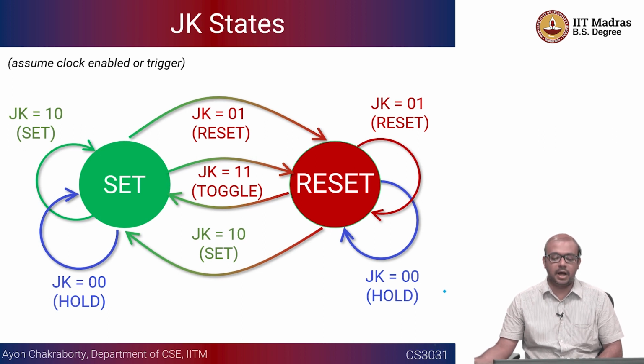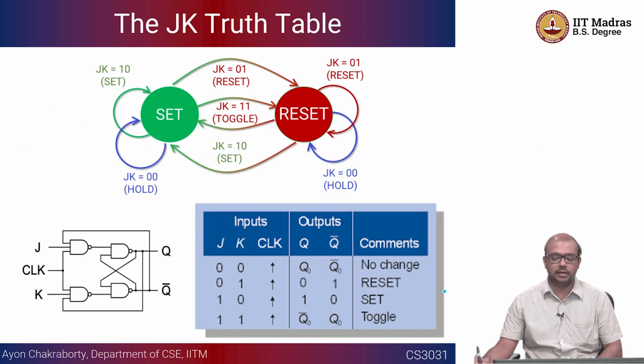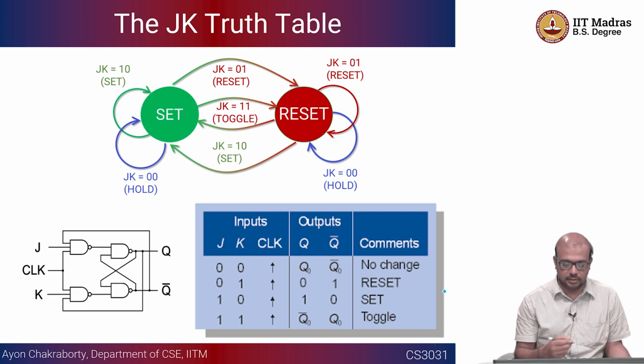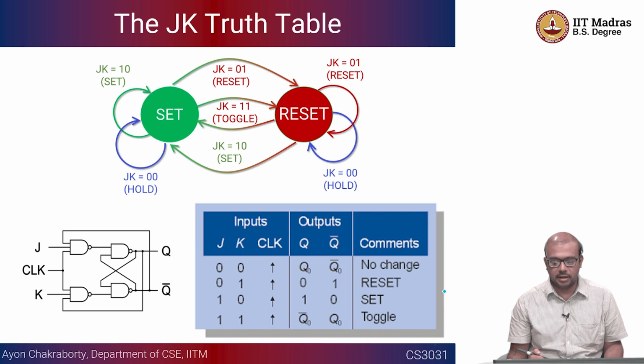Okay, so now let us look a little bit deeper into this problem of toggle, right? So just a summary, I'll come to the toggle part just after this slide. So this is called the JK truth table, where you have the different inputs and the corresponding outputs for Q, right?